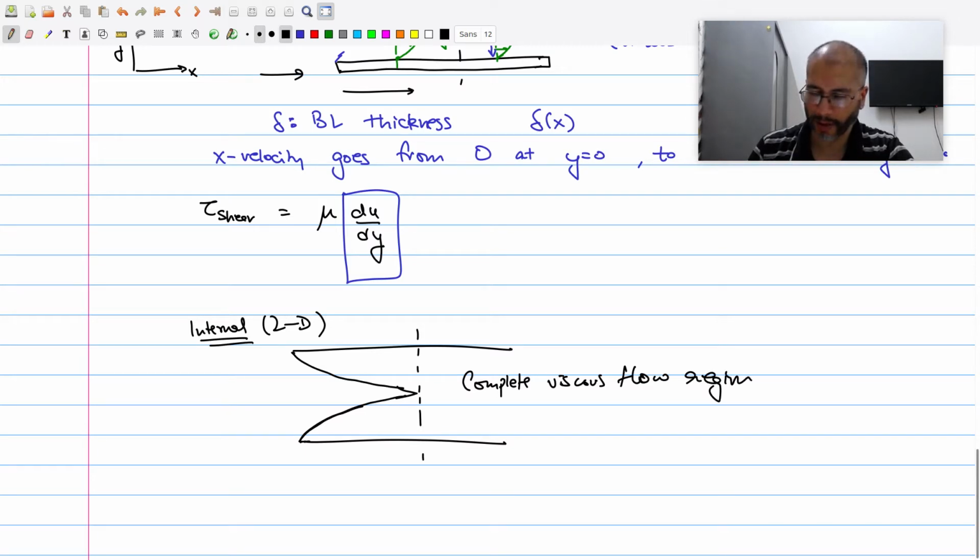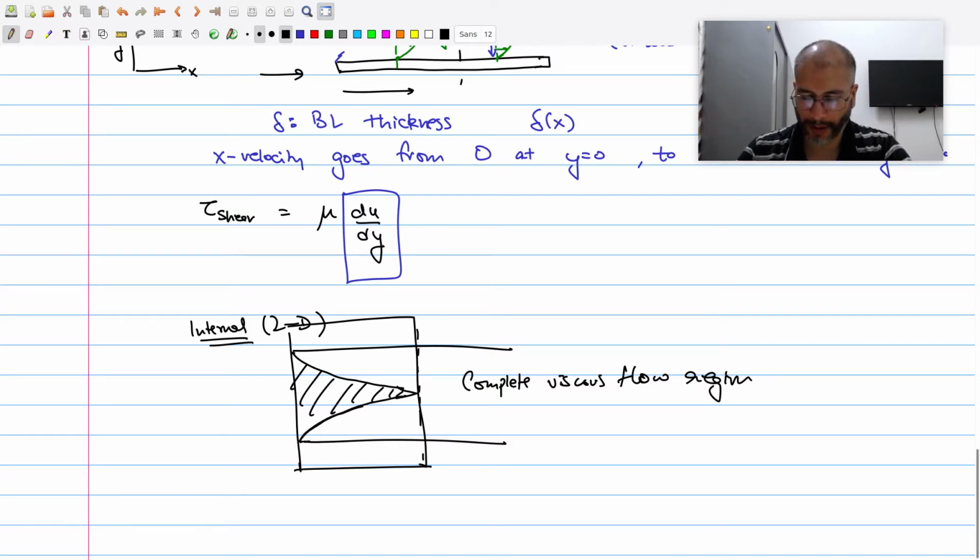So the effect of viscosity is visible in the complete flow region. It was only in this initial developing flow region that there was some region where the flow was inviscid.